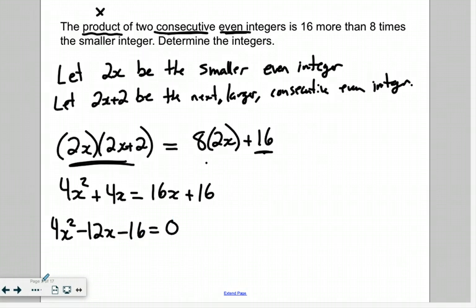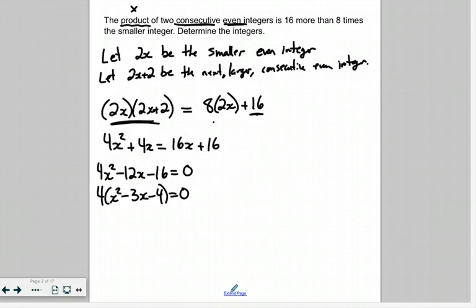And this is, again, something that I'm going to attempt to solve by factoring. We start by factoring a 4 from all the terms. x squared minus 3x minus 4 is equal to 0. Right? Now I'm looking for two numbers that multiply to give me negative 4 and add to give me negative 3. And they are, of course, negative 4 and positive 1.